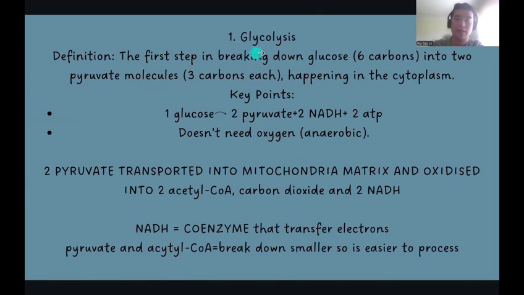Glycolysis, the first step, is breaking down glucose, which is 6 carbon, into two pyruvate molecules, 3 carbons each. Glucose is C6H12O6. This happens in the cytoplasm. Key points: glucose is turned into 2 pyruvate plus 2 NADH plus 2 ATP.